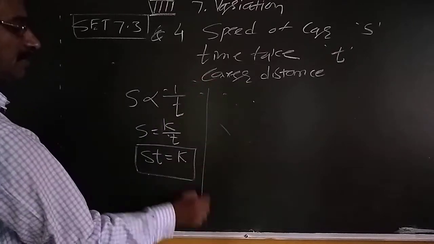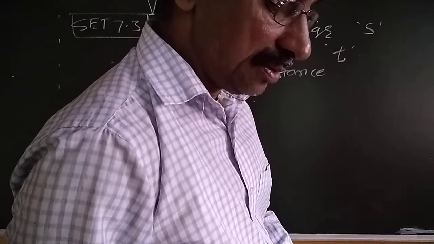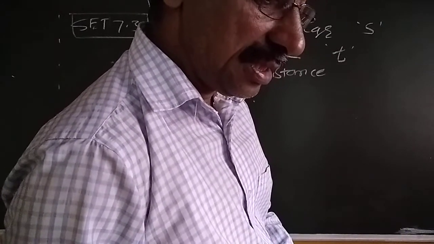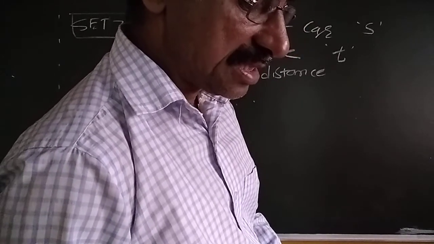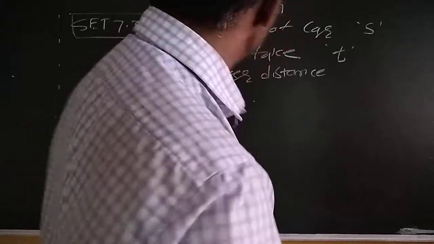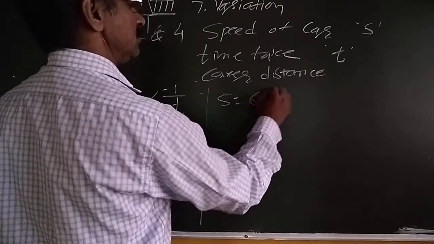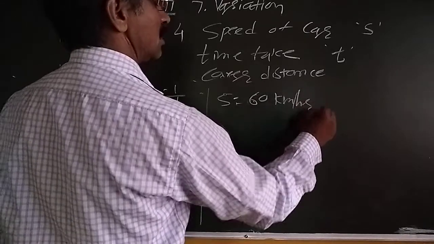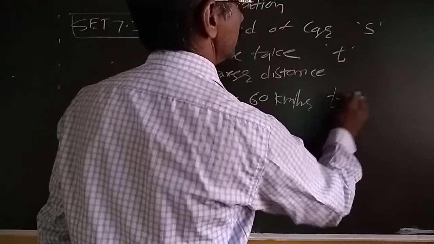First we will find out the value of K. What is given: 8 hours required to travel a distance with a speed of 60 km per hour. So speed S is equal to 60 km per hour, and time T is equal to 8 hours.